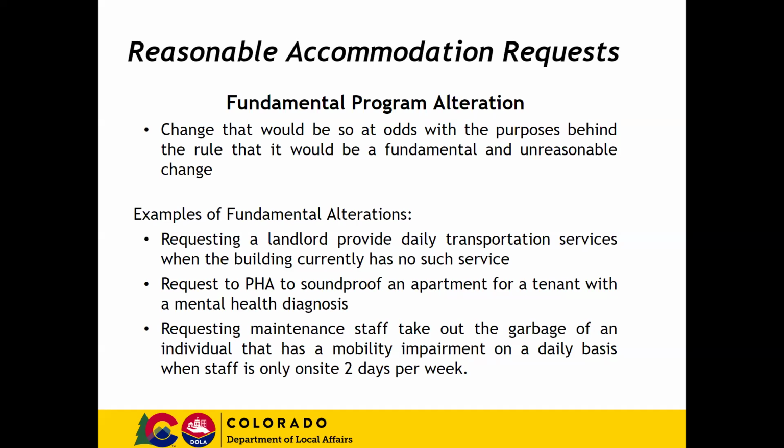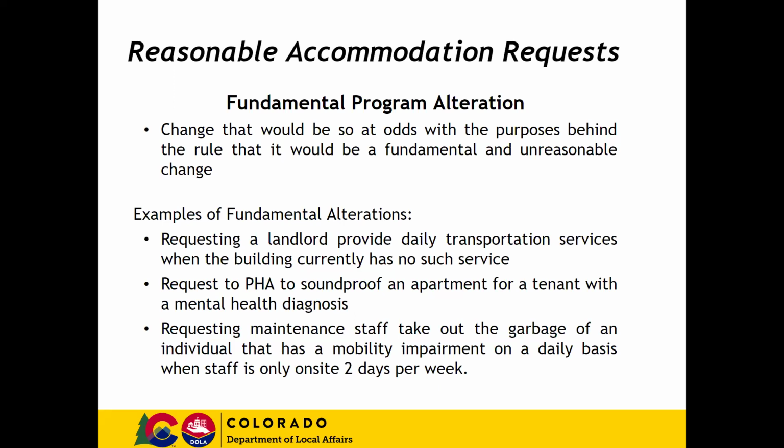And then finally, an example of a building that did not have staff on site every day, but we did have a participant with a mobility impairment who was not able to get their garbage to the dumpster because of their mobility impairment. And they requested that maintenance come by every day to take their garbage to the dumpster. However, they only had staff on site 2 days a week.